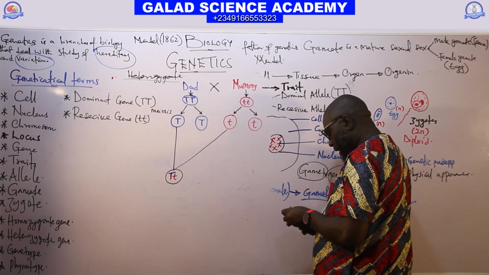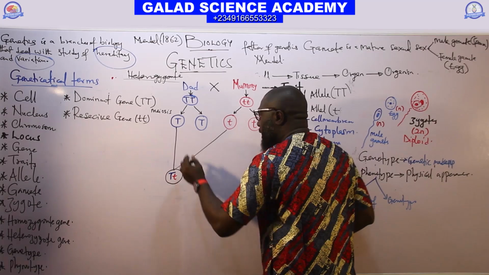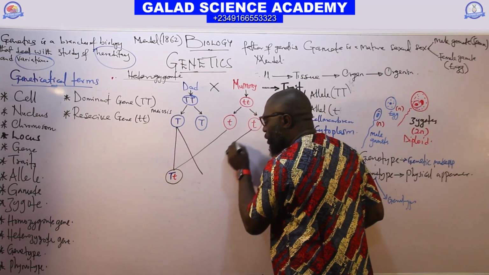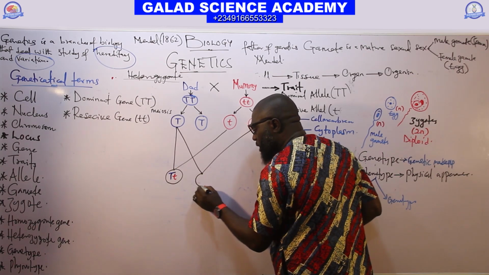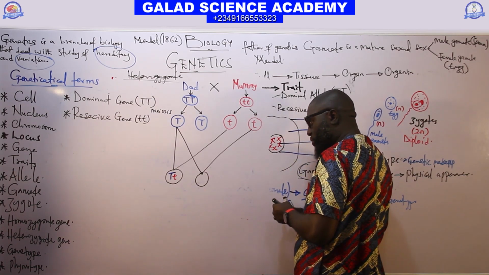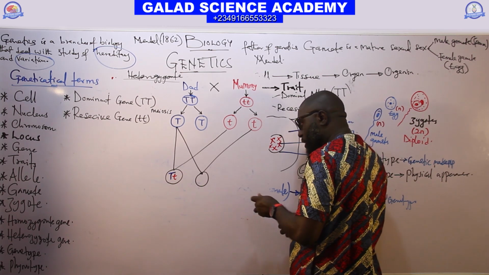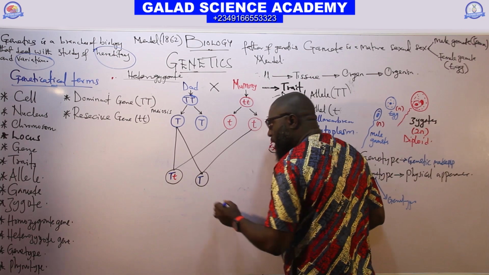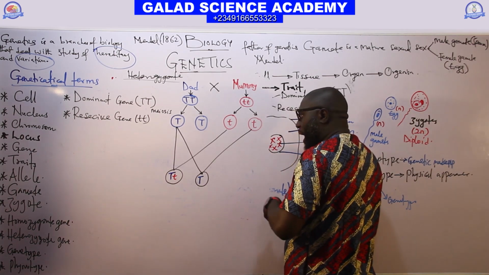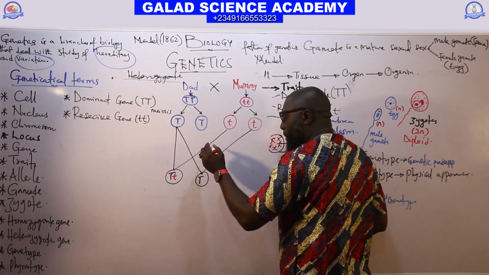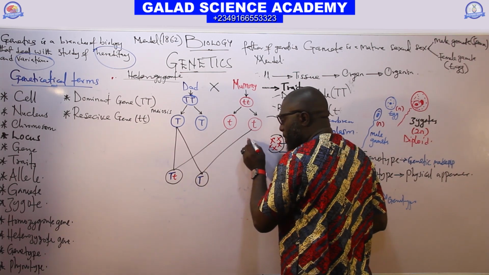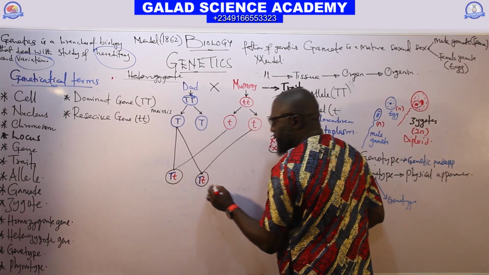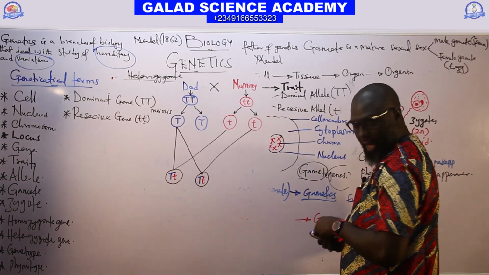Again, this same T can also combine with this one. What are we going to have? This T and this small t.